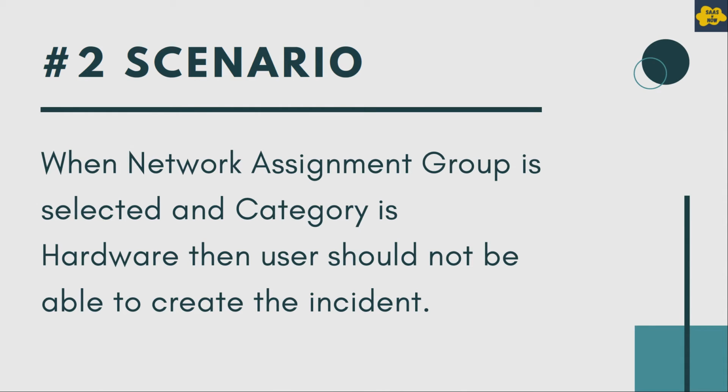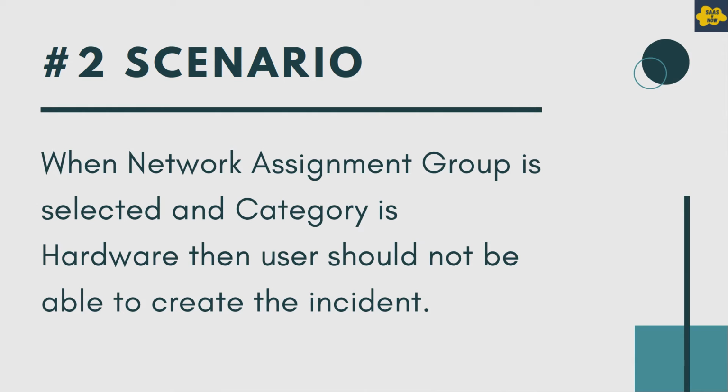Scenario 2. When the network assignment group is selected and the category is hardware, then users should not be able to create that incident. So this time again, you have to stop the user, but with another type of condition.